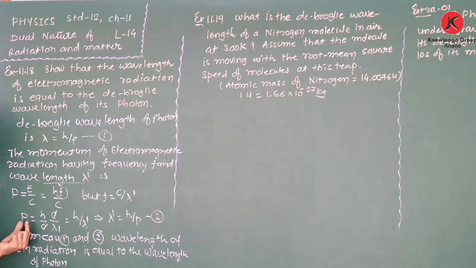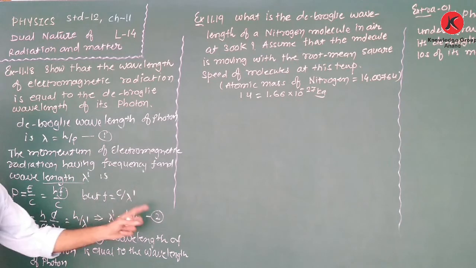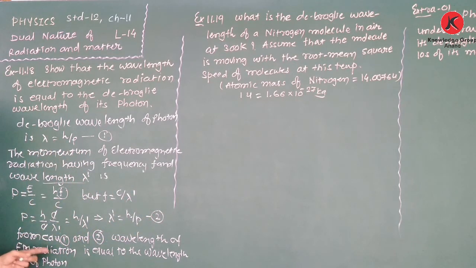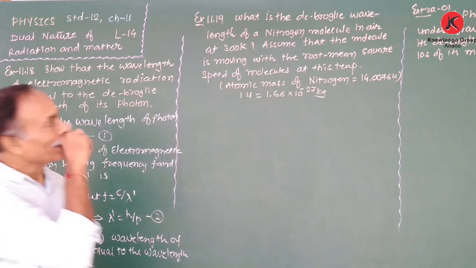We substitute here, therefore P is equal to h upon C into the value of f, C upon lambda dash. Therefore C cancels, giving h upon lambda dash, therefore lambda dash is equal to h upon P. From equation 1 and 2, the wavelength of electromagnetic radiation is equal to the de Broglie wavelength of photon. Clear this? Okay.